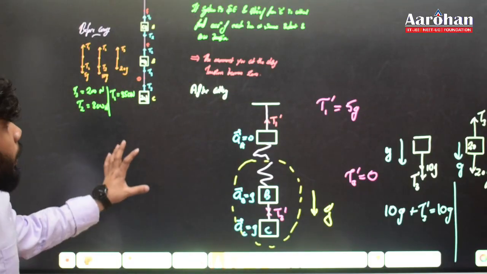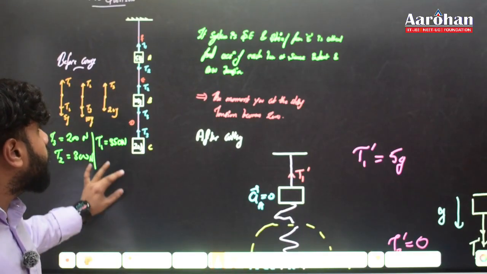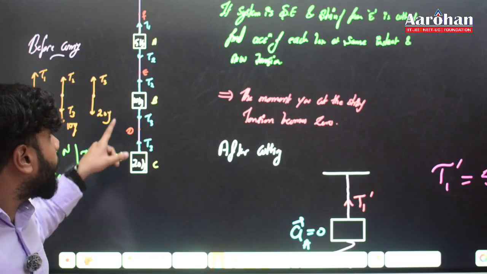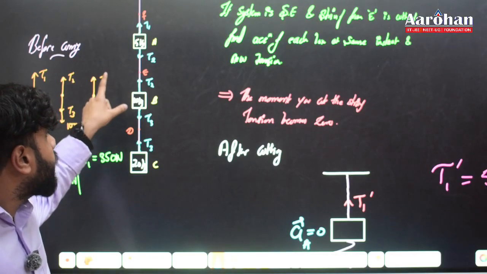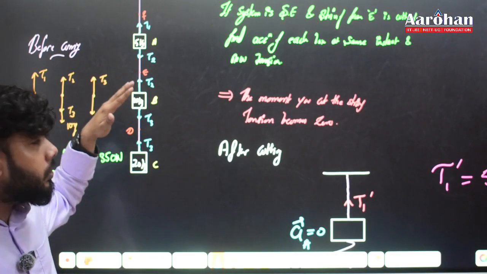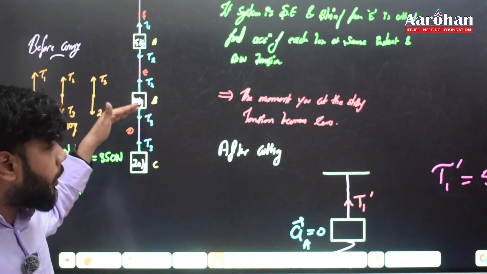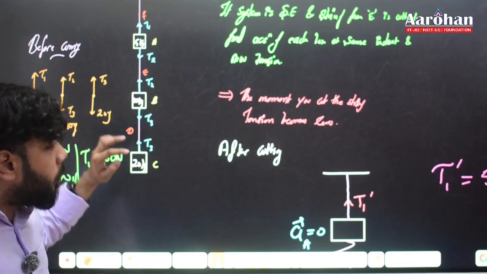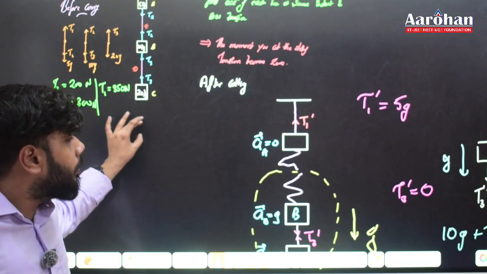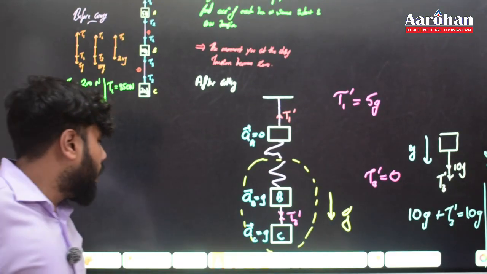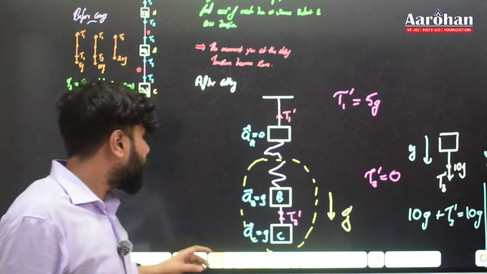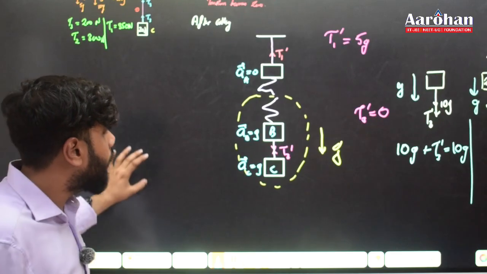So in theory, whenever you have this question, remember that from wherever you are cutting the string, the tension will become 0, and the system below that cutting point will fall freely and the upward part will be static, and you can simply solve this question, not a big deal. Got it? Fairly simple question, right?